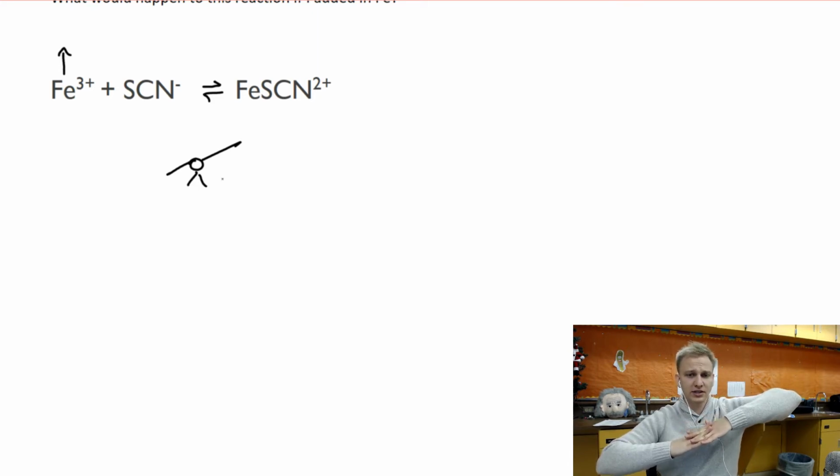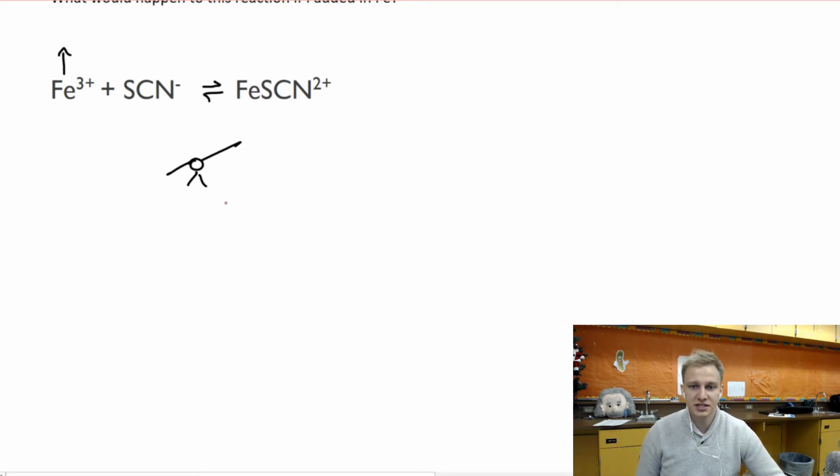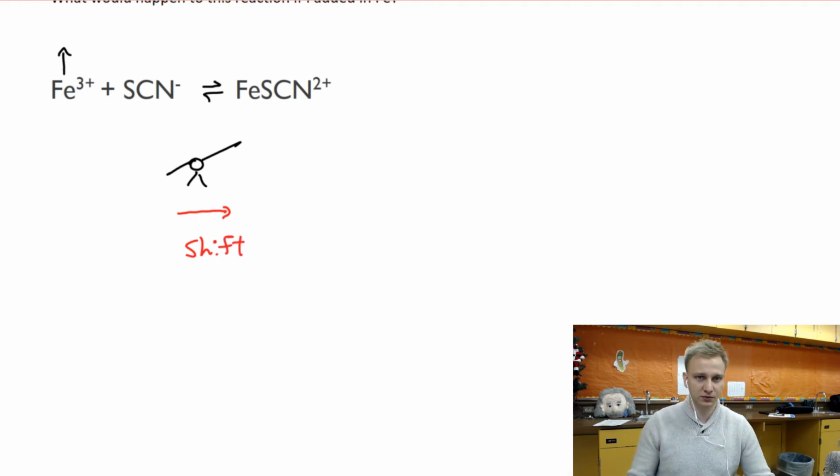And so the way I taught my students is that whatever elbow is pointing up, that's which way the reaction will shift. So in this particular reaction, because I have this elbow up here, I'm going to shift the reaction this way. Or if we look at the seesaw that I drew present on the page, this reaction is going to shift to the right.